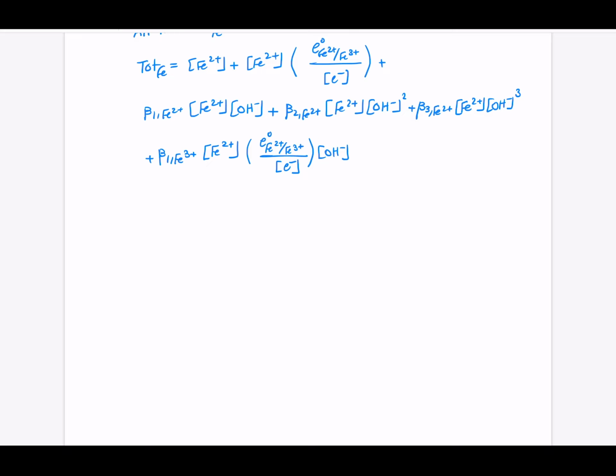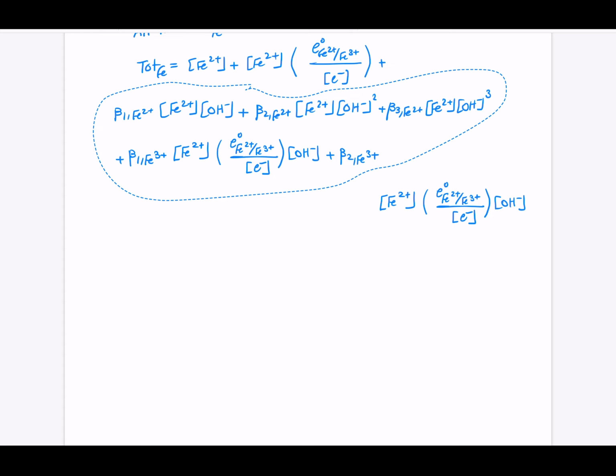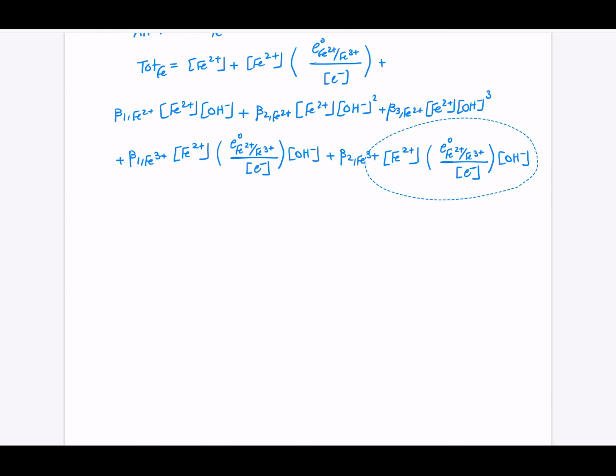See if I can cheat a little bit. So the next one would be beta 2 of Fe3+, and then times the concentration, so it didn't work, to the power of 2 here.